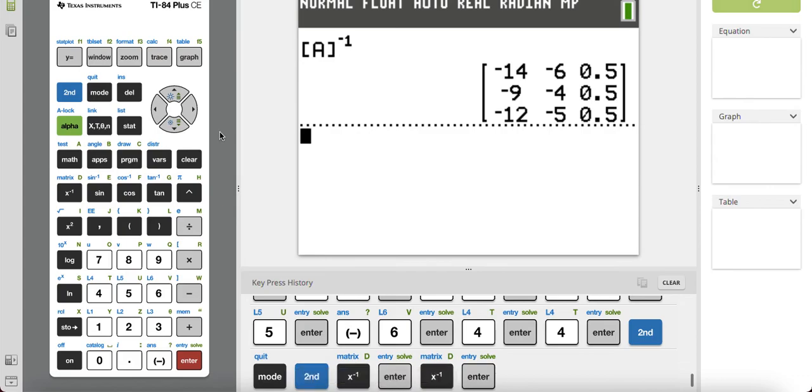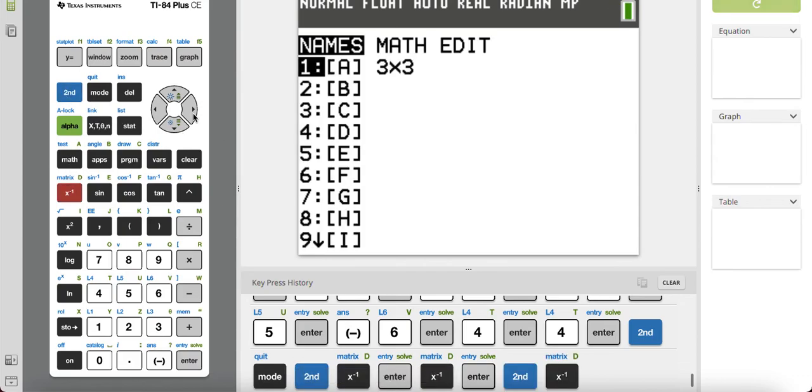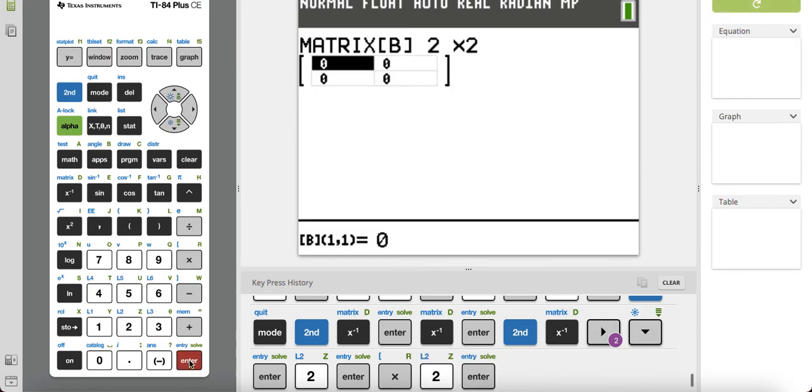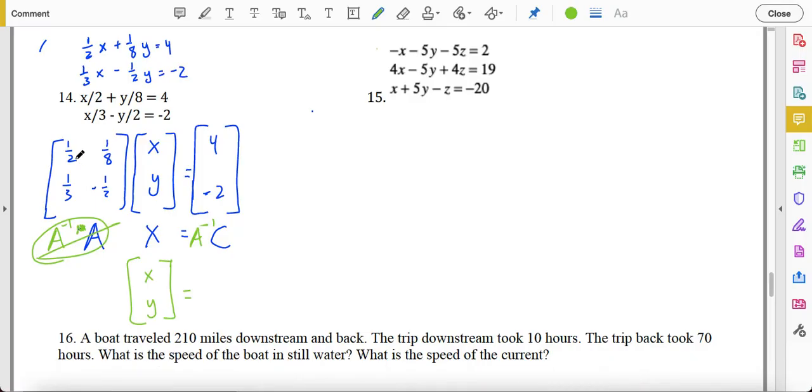So we've got 1/2, 1/8. So matrix, I'm going to make it in B and make it a 2 by 2. I know my matrix was 1/2, 1/8, 1/3, negative 1/2.